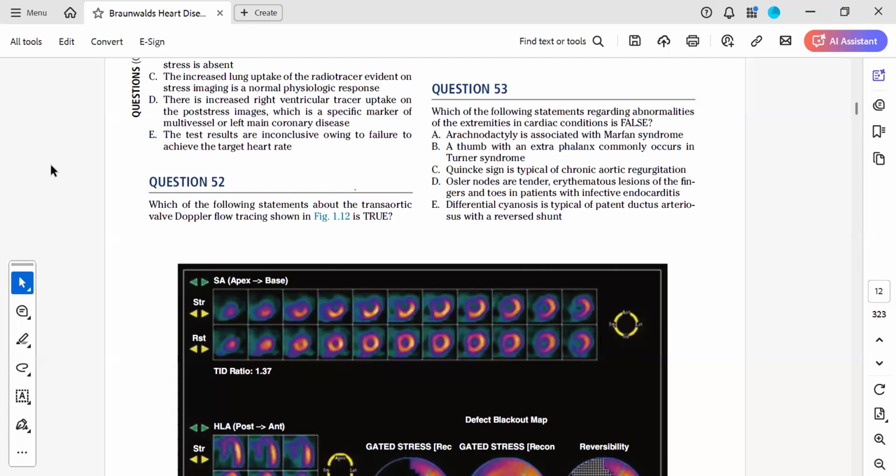This can be confirmed using a pulse oximeter. Any difference in the oxygen saturation greater than 5% indicates differential cyanosis. Because this is a true statement, that makes it false.